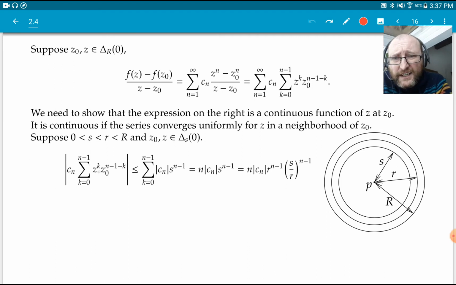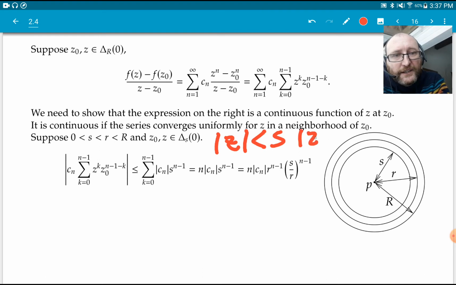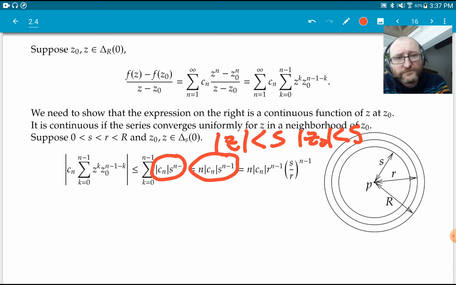We have that the absolute value of z is less than s, and the same thing with z naught, so that's why we get this inequality. Once we do that, this is just n times this thing, so that's why we're getting this.